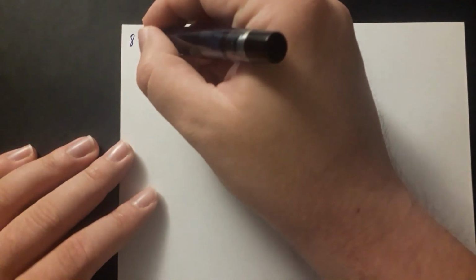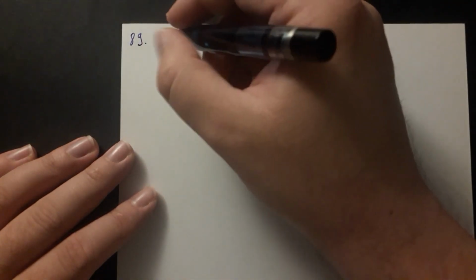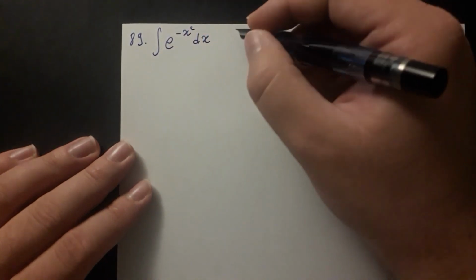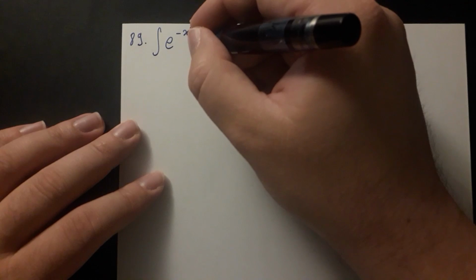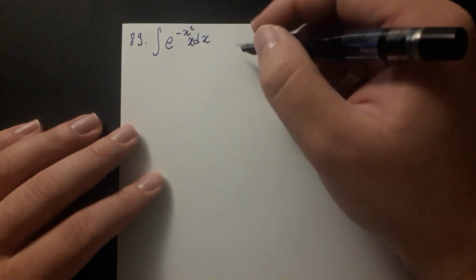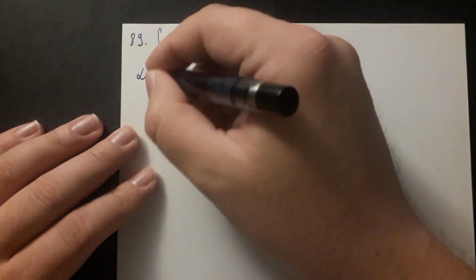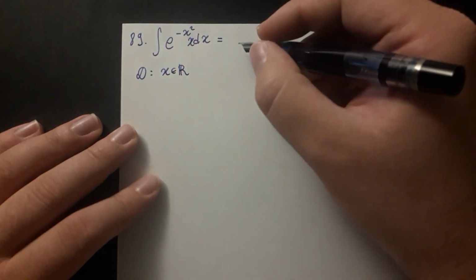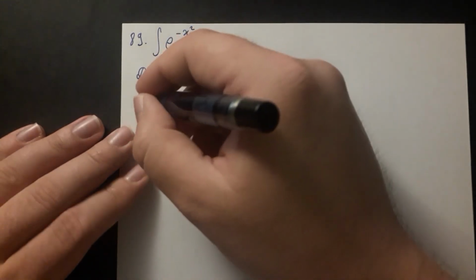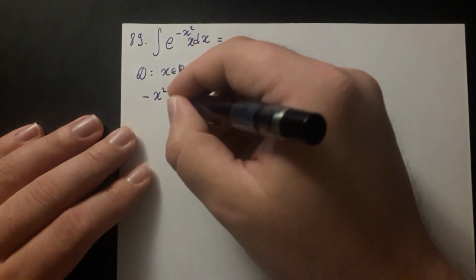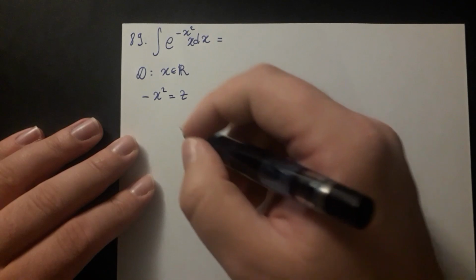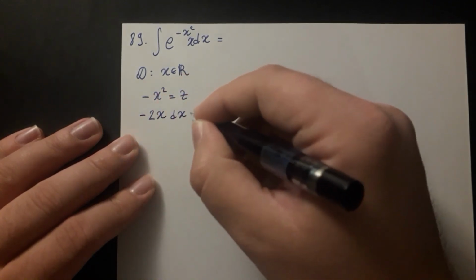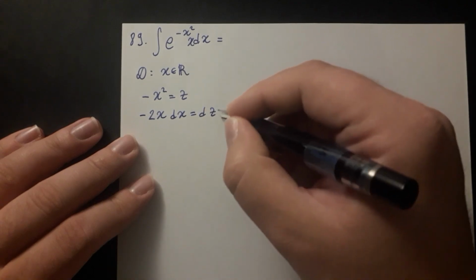Problem number 89 on our list is the integral of e to the power negative x squared times x dx. The area in which this integral is defined is all x which are real numbers. We can introduce the substitution negative x squared equals z, and then we get that minus 2x dx is equal to the differential of z.